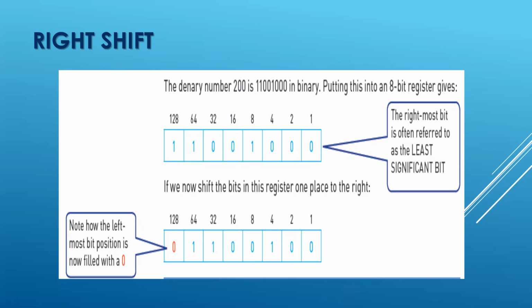Every single bit in the byte will be shifted 1 place to the right, and since there is no place for this position 1, that's why this bit will be lost, will be moving out of the byte, or the LSB, least significant bit, will be moving out of the byte, and now it will be including a 0 here in the empty position. Are you all clear? The right shift clear?